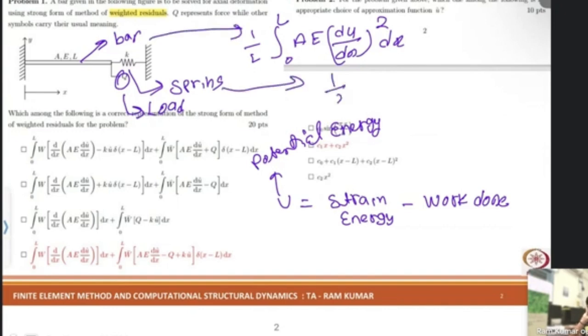So half, from 0 to L, k. If I say this is the total displacement u, then what will be the displacement of the spring?